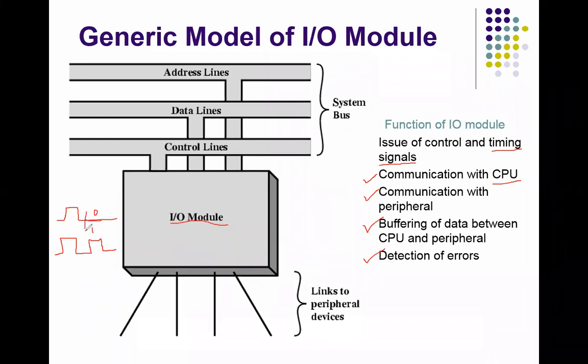It may happen, so this kind of error detection is also done by the IO module. We have seen the error detection and correction techniques in our previous unit. So these are the functions of the IO module.